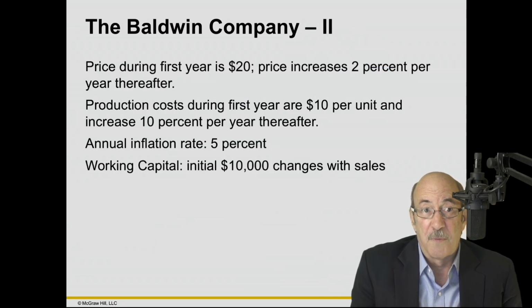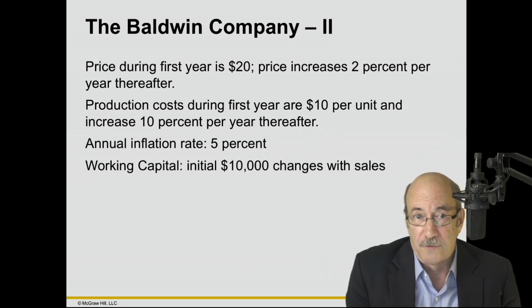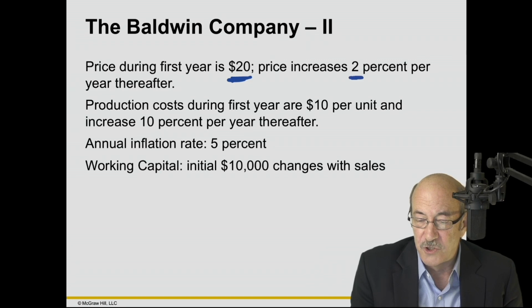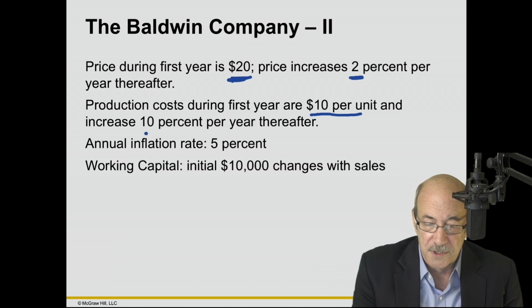Next slide has a bit more information. So what's the price of these bowling balls? Well, the first year it's going to be $20, and then it increases at 2% per year thereafter. All right. The cost is $10 per unit, and that increases at 10% per year thereafter.